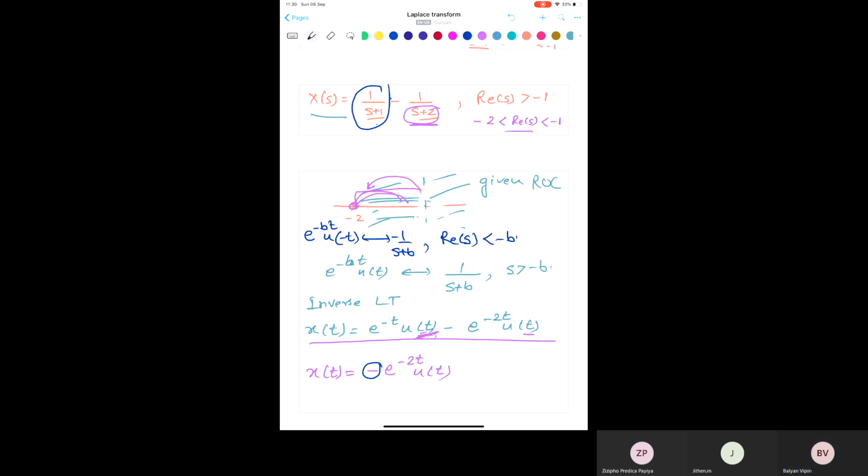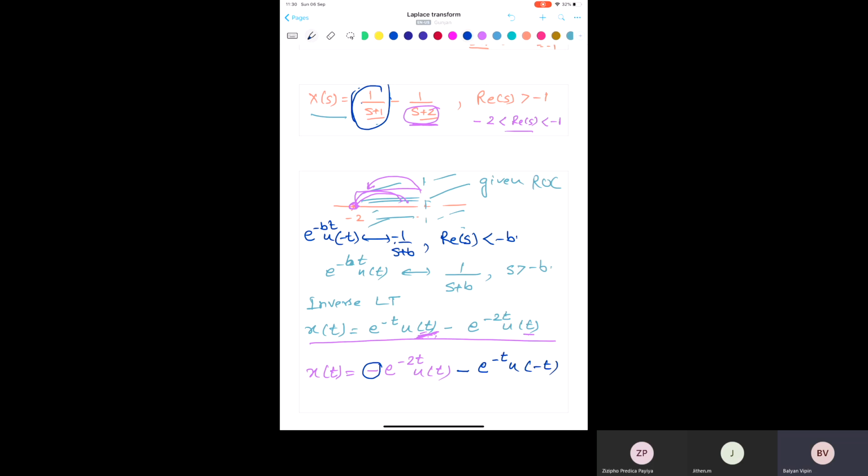So the region of convergence is now on the negative side, or you can say the left hand side. Then there's a minus here, but there's no minus with it, so you have to introduce a minus. So there will be a minus here, and e raised to the power minus t u of minus t.